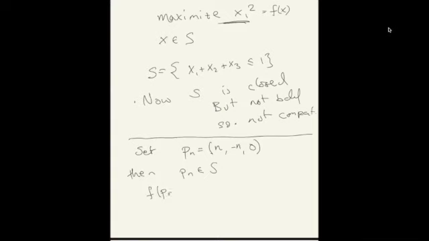Now f of Pn is equal to n squared, and the limit as n goes to infinity of f of Pn is infinity. So f is unbounded. This also means, by contrapositive or contradiction, that the set S cannot be bounded itself, because then it would be compact and f would be bounded, but we just saw that it's unbounded. So there's no maximum.